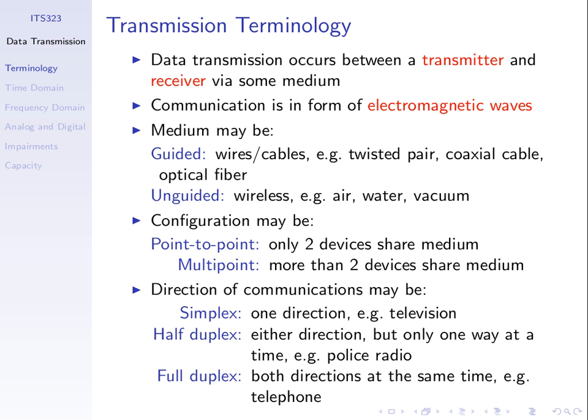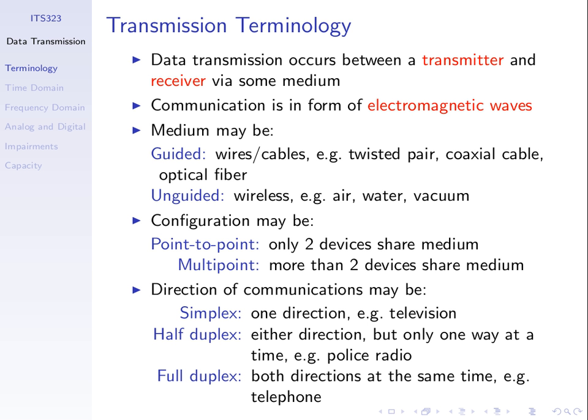Unguided is where the signal may disperse. It's not controlled in some way. And wireless communications is an unguided medium. When I transmit from my laptop to the access point on the wall, I'm transmitting some energy, but there's nothing guiding it or controlling too much the direction where it's being sent.